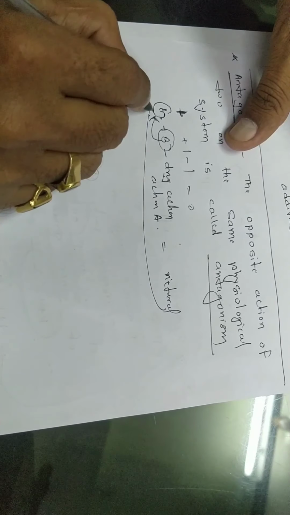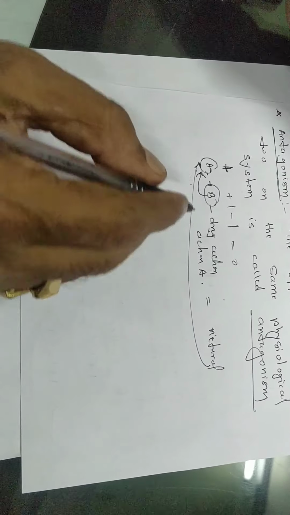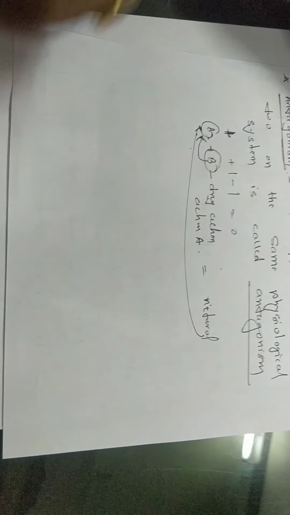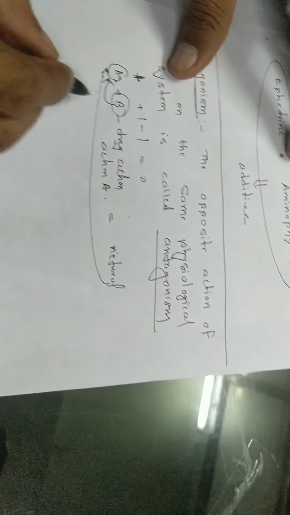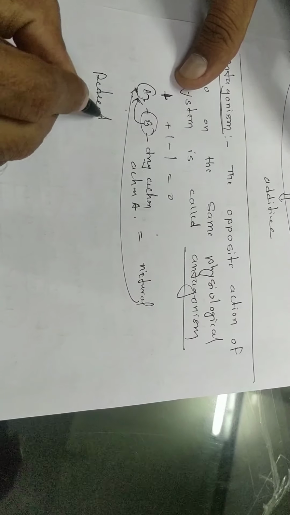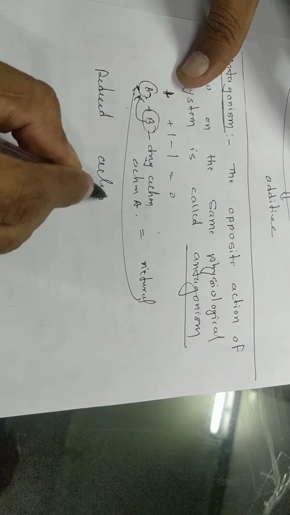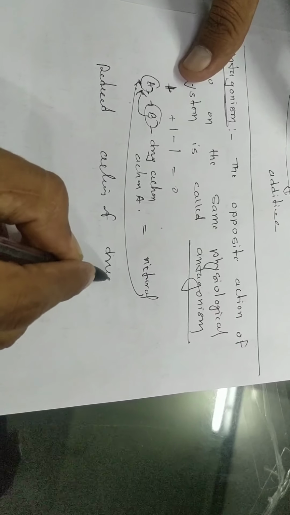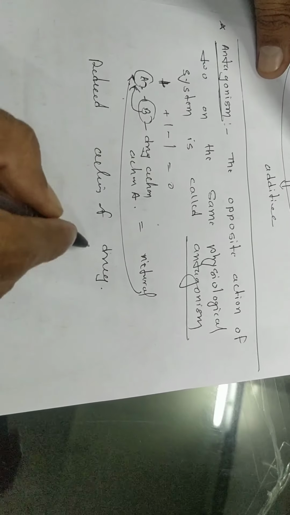The action of A becomes neutral. Okay, that is antagonism. When two drugs react with each other in antagonism, they reduce the action of the drug. That is called antagonism.